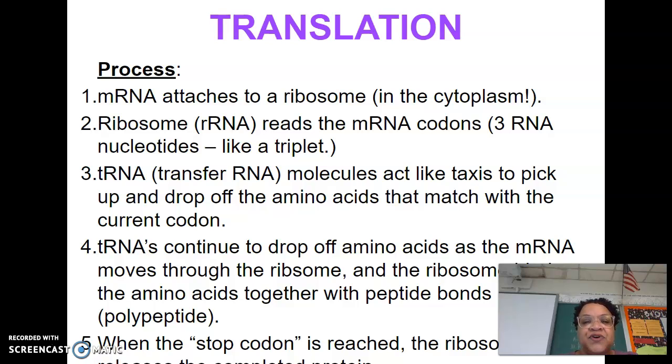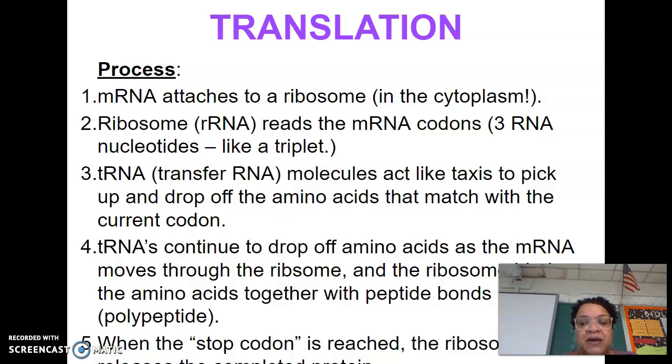The transfer RNA, tRNA molecules, they act like a taxi. They pick up and drop off the amino acid that matches the current codon. And we're going to go through all of this. I'm going to take you through every single step in an illustration. The fourth step is for tRNA to continue to drop off the amino acids as the messenger RNA moves through the ribosome.